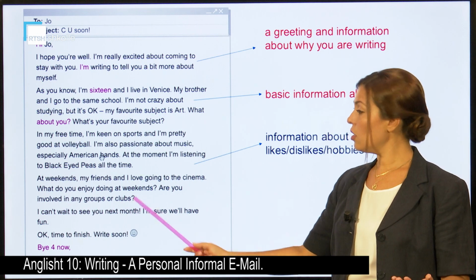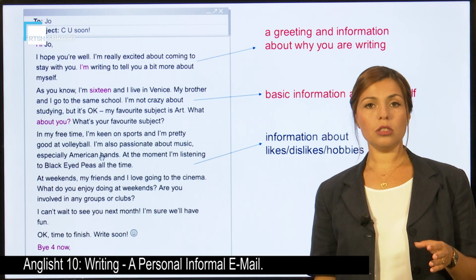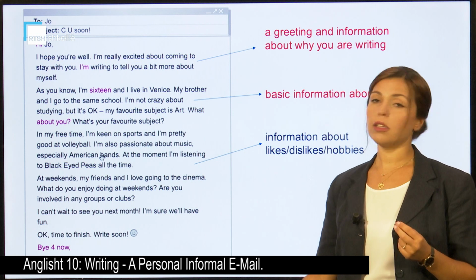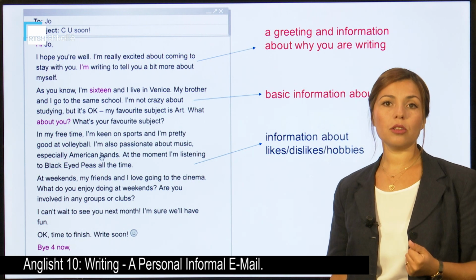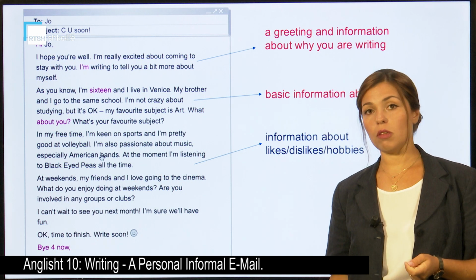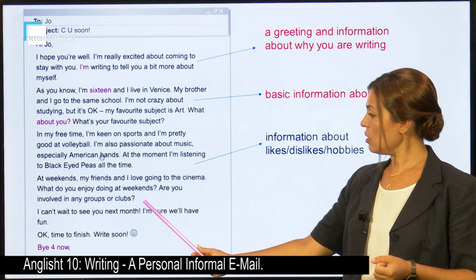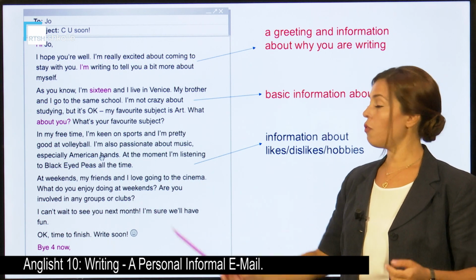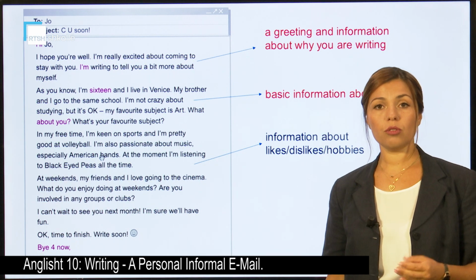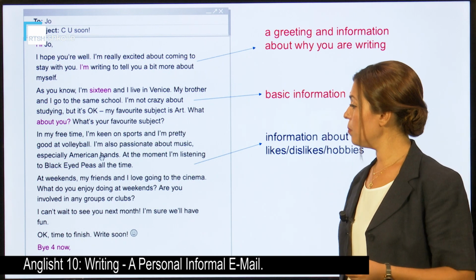And in the end, we can ask some questions, because after this email, we might want our friend to send a letter back and answer these questions. So we can ask, what do you enjoy doing at the weekend? If he or she is involved in a group, in a club.